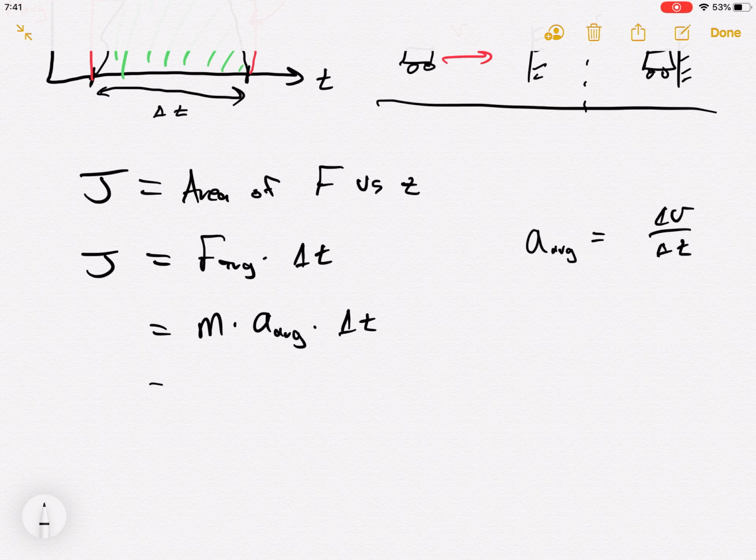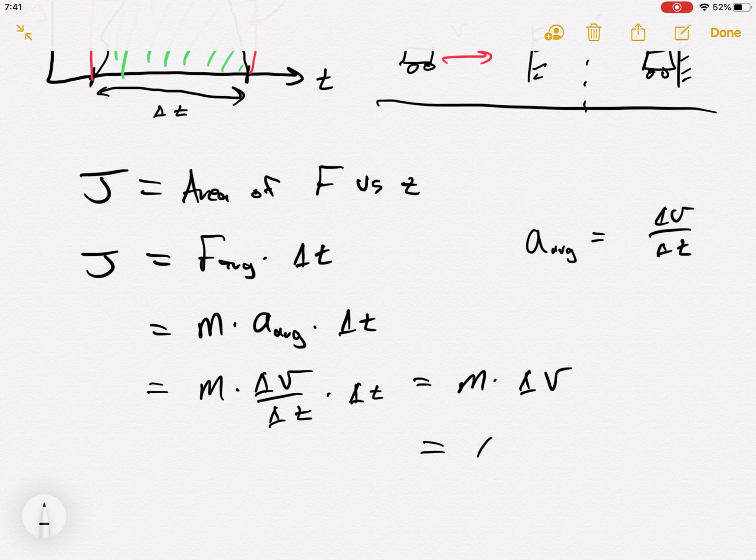So I can plug that in for a average, m times delta v over delta t times delta t. Do you see that the delta t's go away? And so I'm left with m times delta v. And usually mass is not a thing that changes, so I could move the delta outside of the mv. That's a step of like pseudo-calculus, basically.